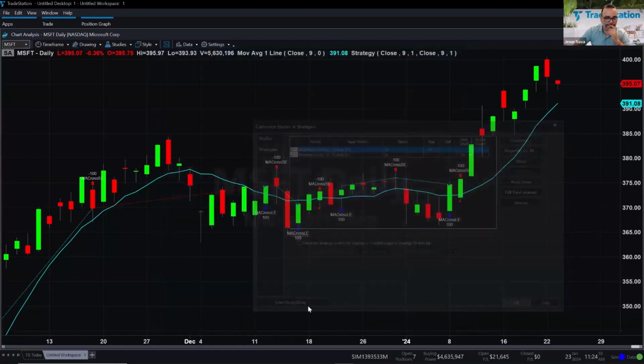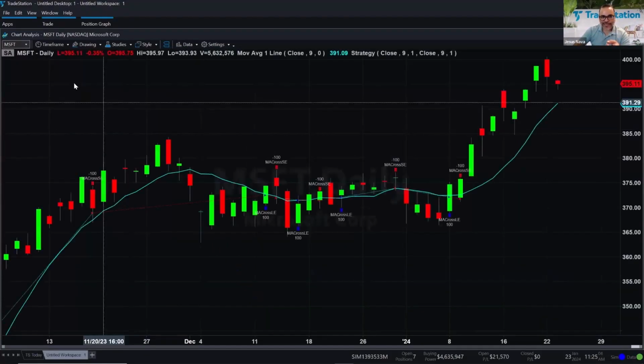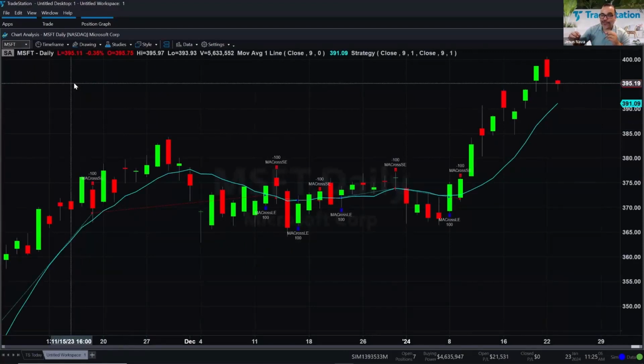And OK again. That changes the strategy. Notice that it says waiting for data. It's going to take longer for the strategy to recalculate, because now we've turned this daily chart into a semi 1 minute chart, because we've opened up the doors to the strategy so that it can see inside the bar.